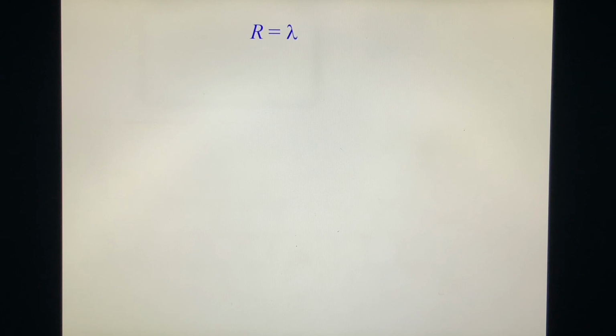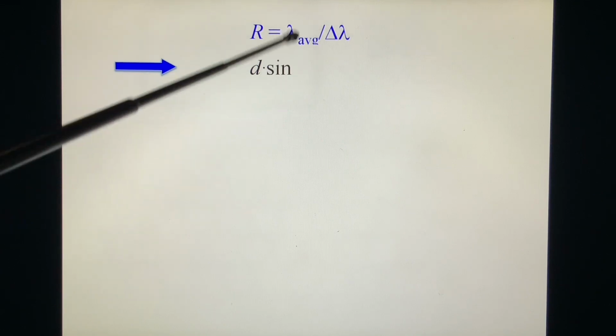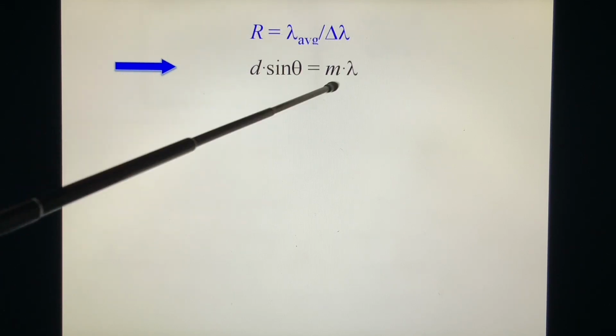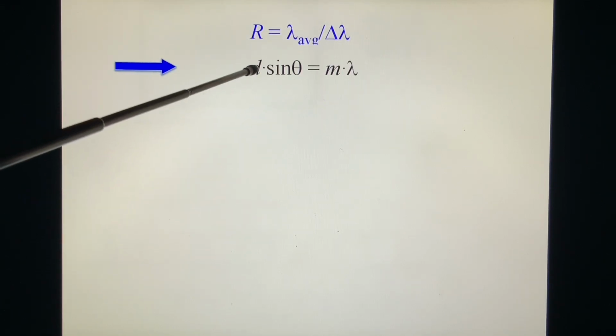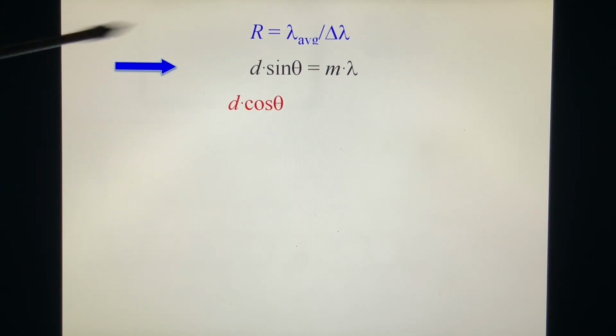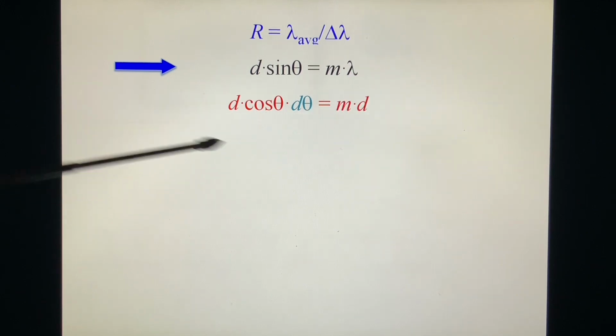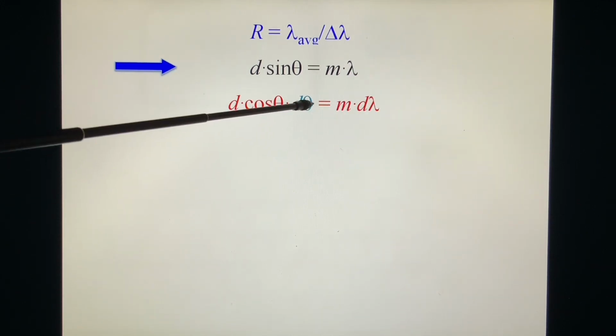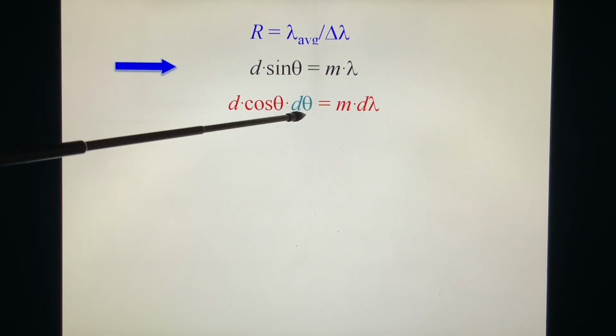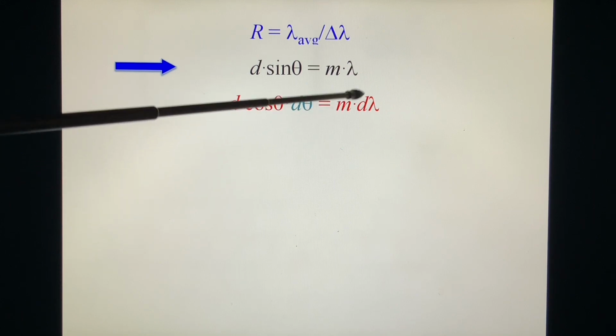We look at this definition carefully. We know this is the maximum, d sine theta equals m lambda, and we take the derivative on both sides. We get d cosine theta d theta equals m d lambda.